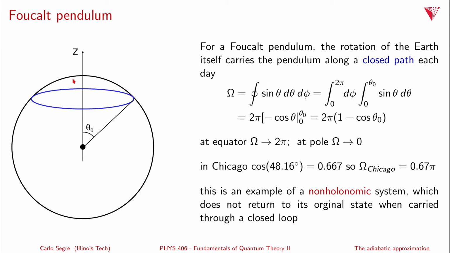As it goes through a full loop, the pendulum rotates with respect to the axis that it's sitting on in the museum, for example, at the Museum of Science and Industry, or whenever you set up a Foucault pendulum in a big stairwell. As you rotate around, that Foucault pendulum rotates, and after one full day, it's back to where it was before. So these are non-holonomic systems.